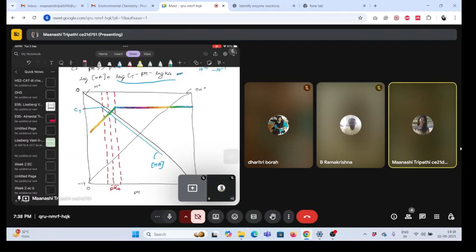And this is for A negative. And the point where both the graphs meet is your pKa. So this is how we can draw the equilibrium diagram for a weak monoprotic acid.